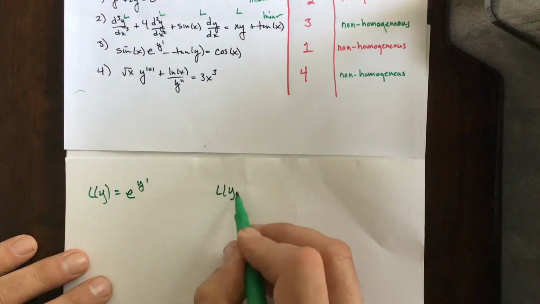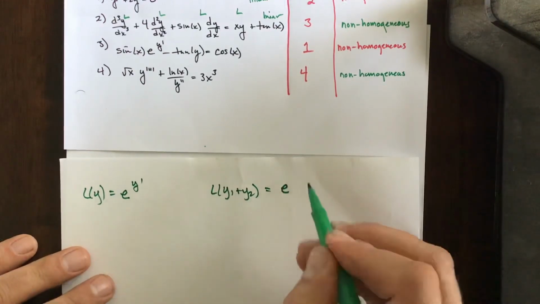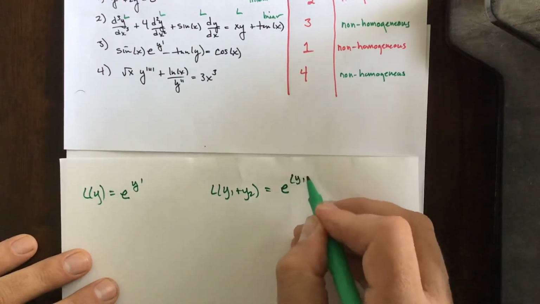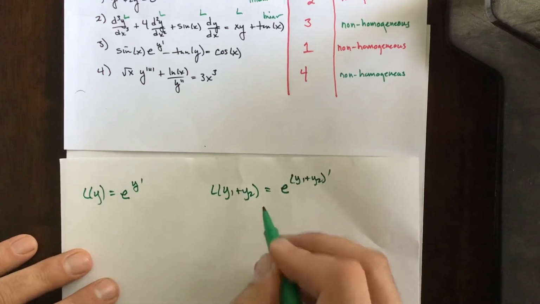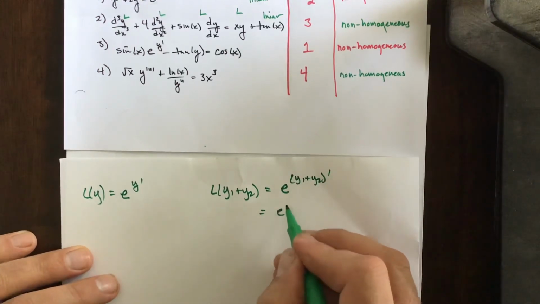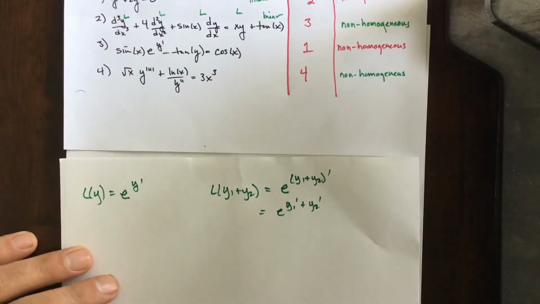What's L of y1 plus y2? Well, that's e raised to the derivative of y1 plus y2. So that's e to the y1 prime plus y2 prime.